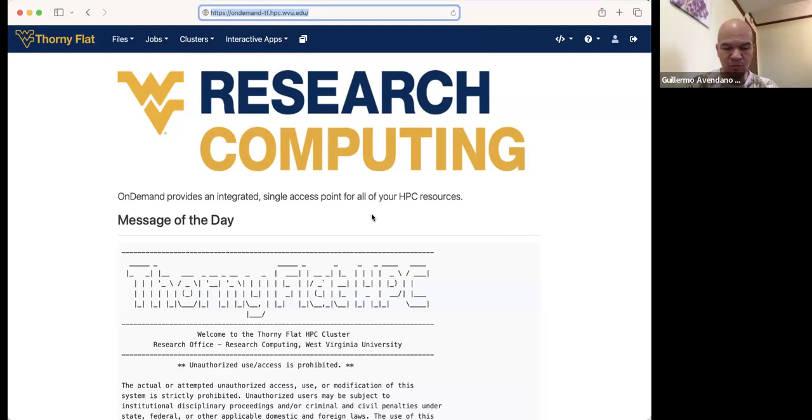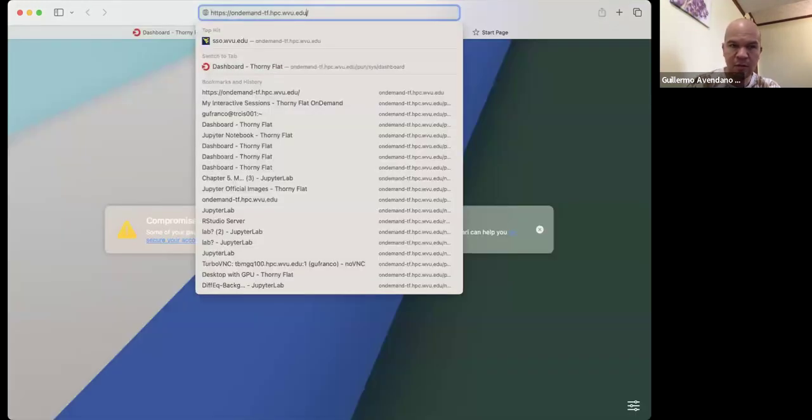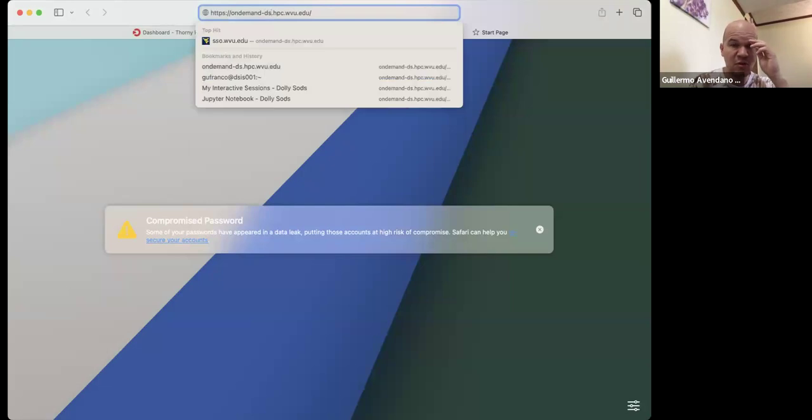Just for you to know, the equivalent version of that for the other cluster. But we will not be using it, well, we will see, we can do everything with Thorny.